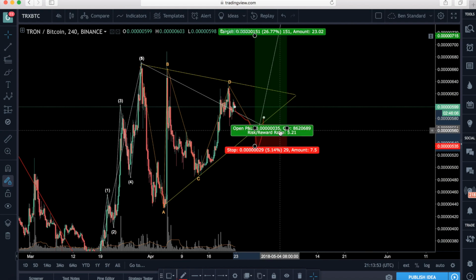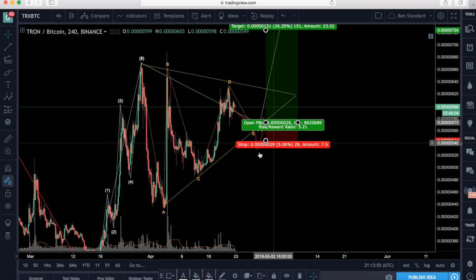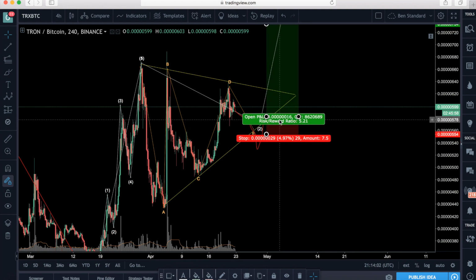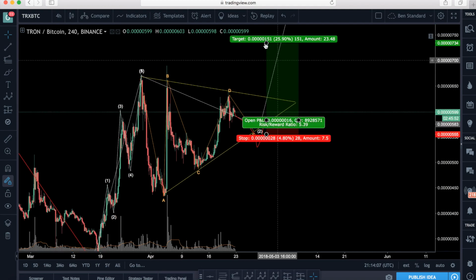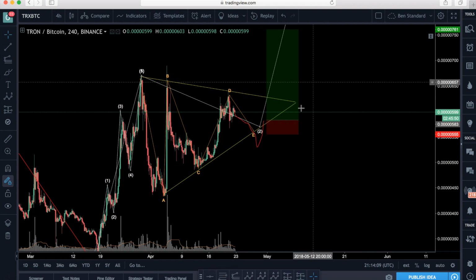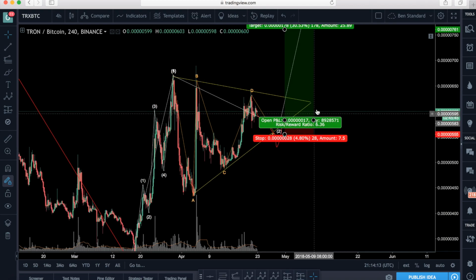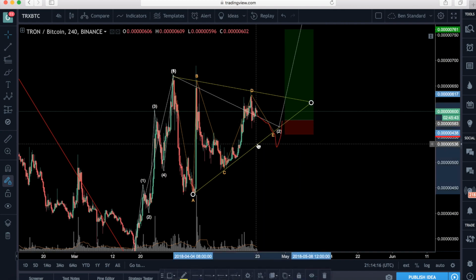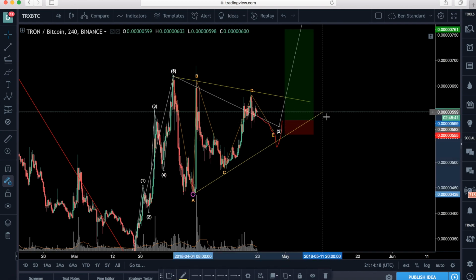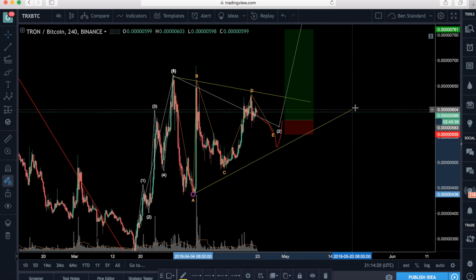But you can just buy back in if you see that the price moves back into the triangle. Then you can just make a new order here with a tight stop loss and set the same target, because sometimes that happens, like the trend line just gets extended.